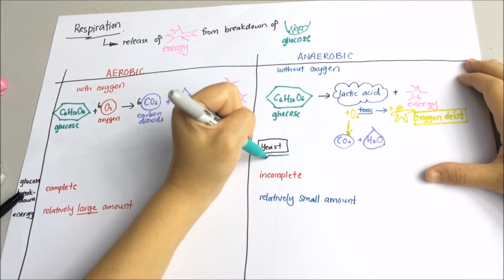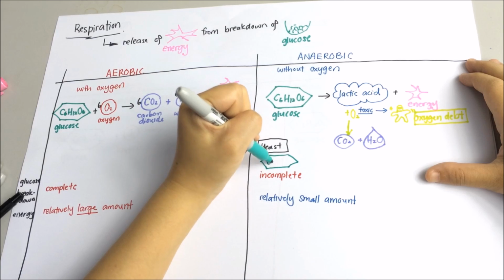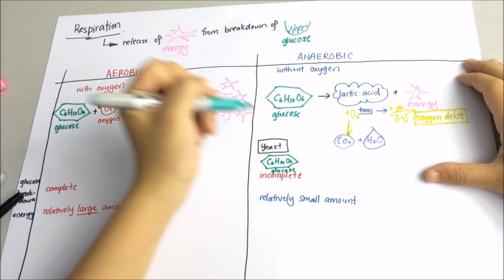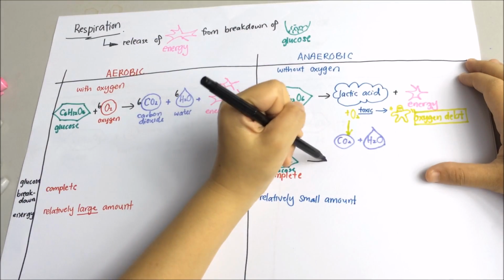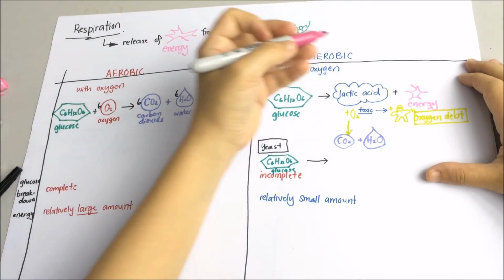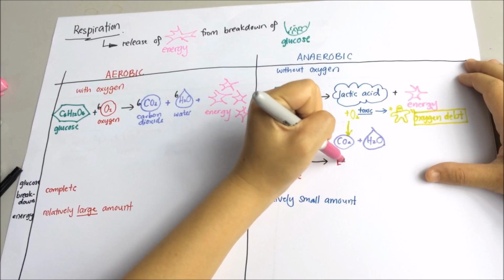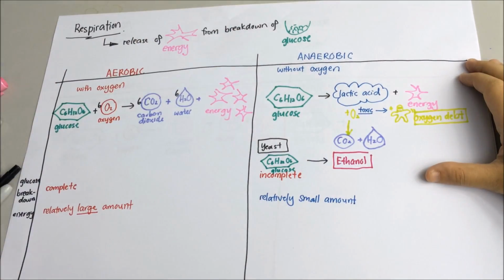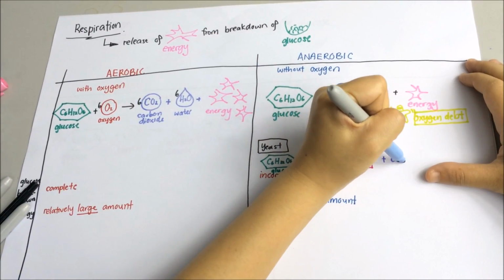Anaerobic respiration also happens in plant cells and some microorganisms, and this will be known as fermentation. Anaerobic respiration in yeast will produce ethanol and carbon dioxide, and this process can be used in brewing and bread making.